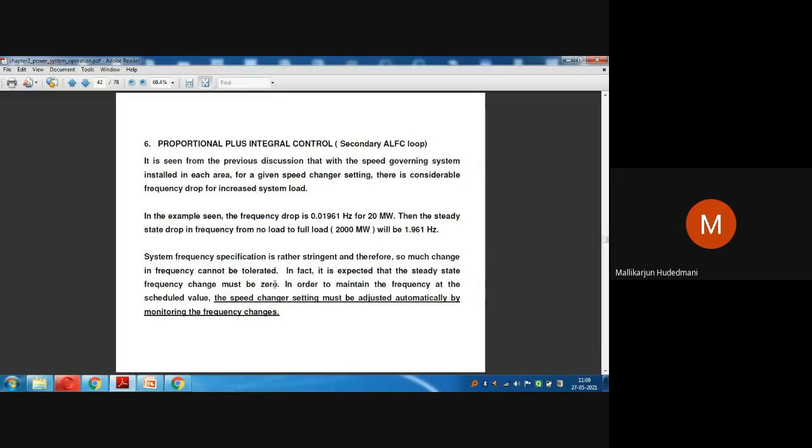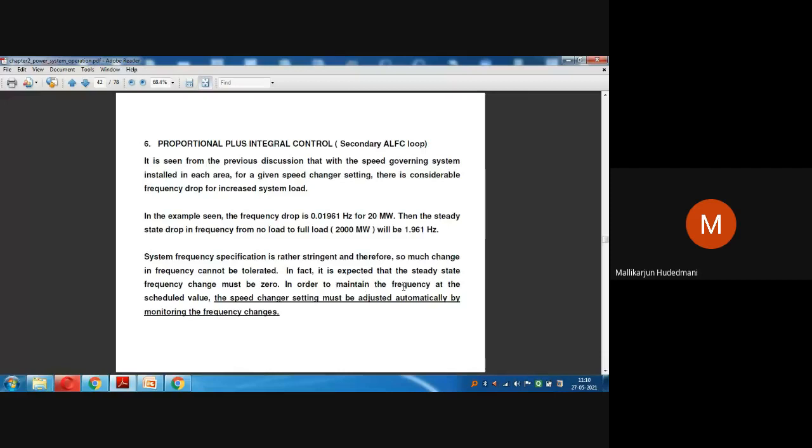If it is not maintained at zero, it is an indication that the primary loop is not fulfilling the requirement. It is not failing to do. It has done its best to the maximum control level, but later it is not permitted to do. Therefore, to permit it to function, the limit must be revised. That changing of speed is done by some other authority. That is the need here.